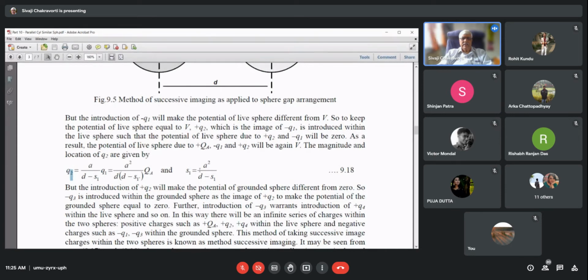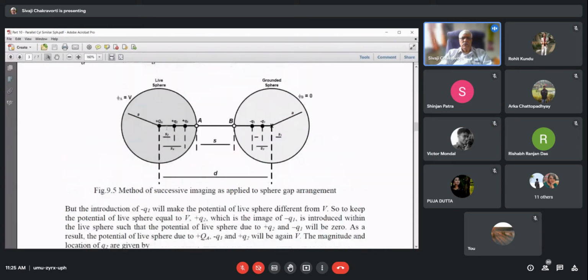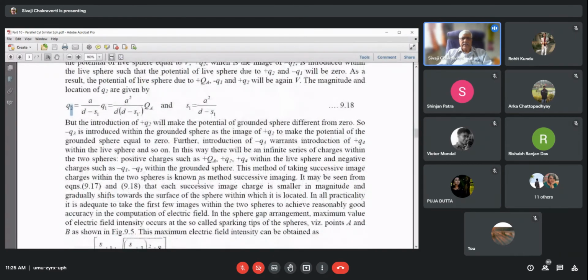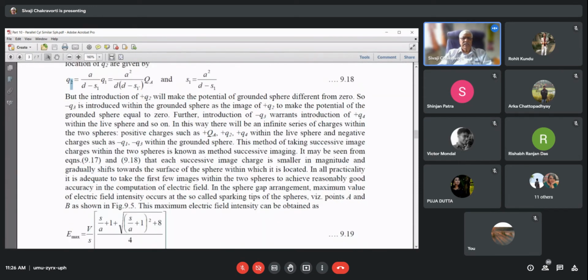And the distance is increasing and it is approaching towards the surface of the sphere. As a result, it has been established that we don't require a very large number of images. So maximum 3 images or 4 images is enough to get a quite good result for such a sphere gap arrangement.